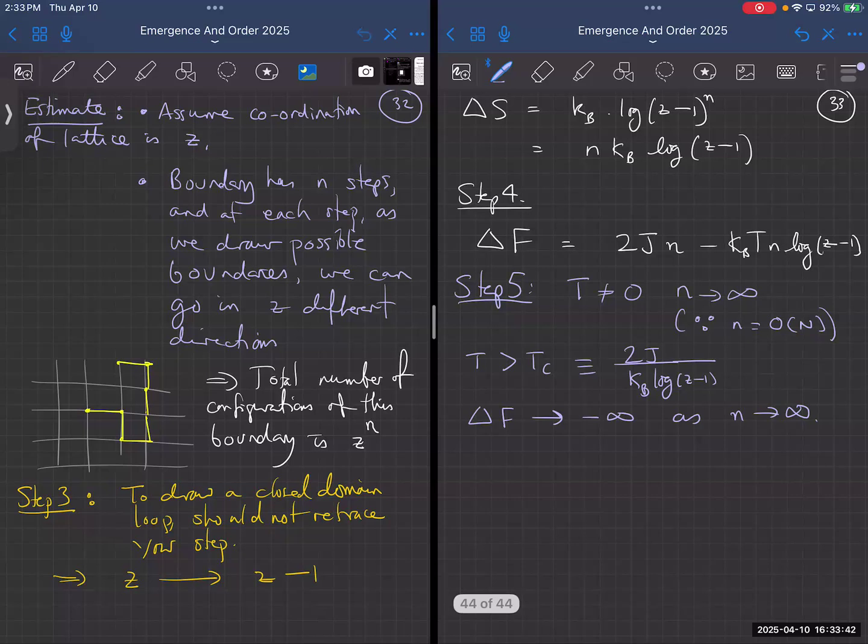And that means that the ordered state is unstable towards forming domains, just like we had in one dimension.